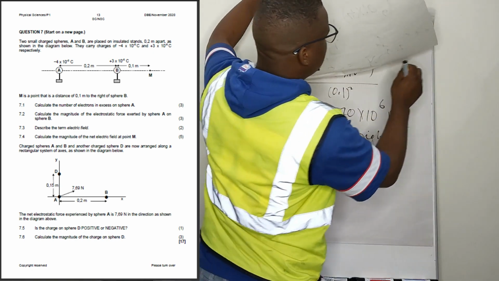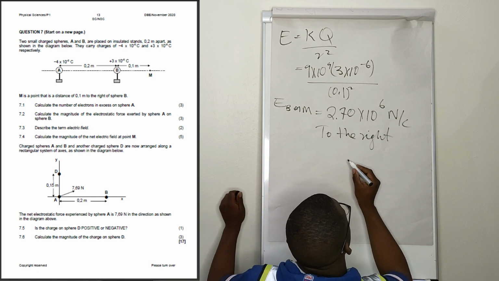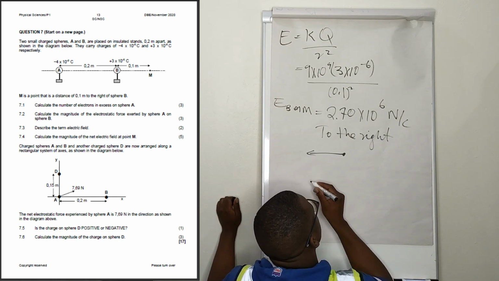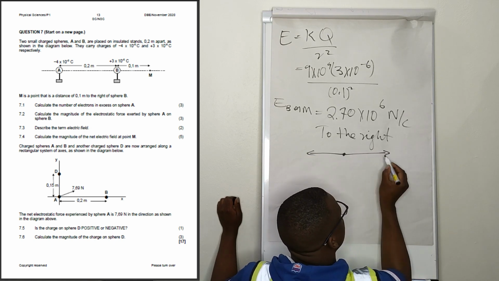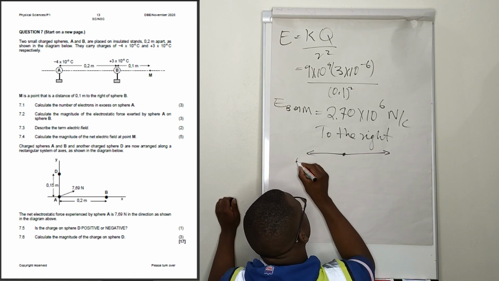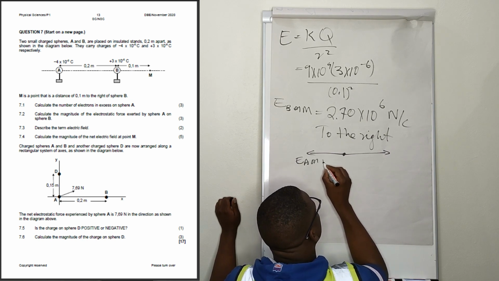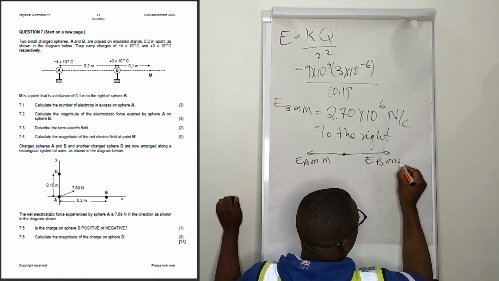So now we have these two electric fields: you have your M here experiencing an electric field in this direction and in that direction. This is the electric field of A on M, and the electric field of B on M.